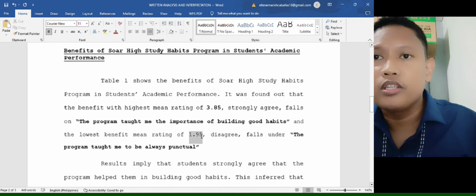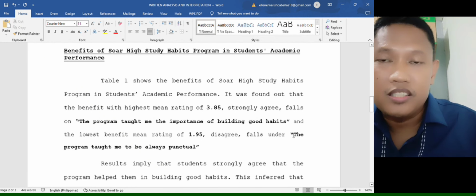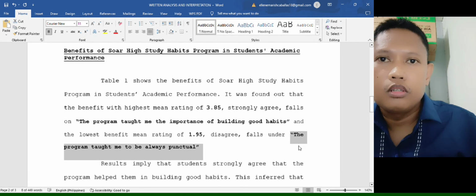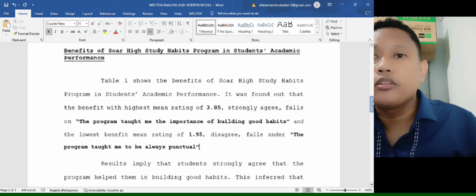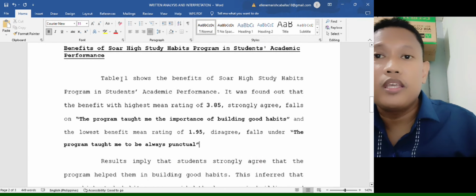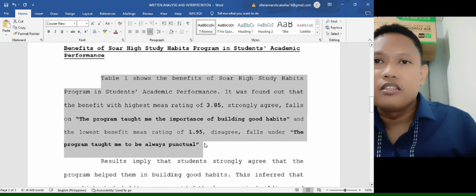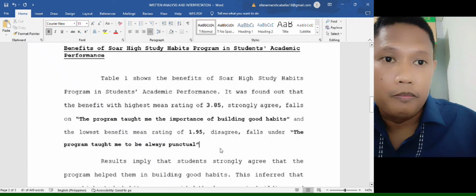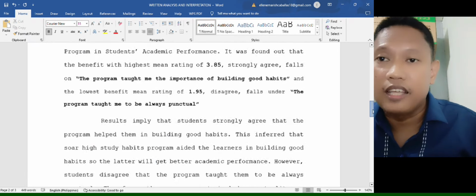And the lowest benefit mean rating of 1.95, it's disagree. Okay. Falls under the program taught me to be always punctual. They disagreed on that. Alright? So that is actually the first paragraph. So we will start there. We have to refer to the table that we created.